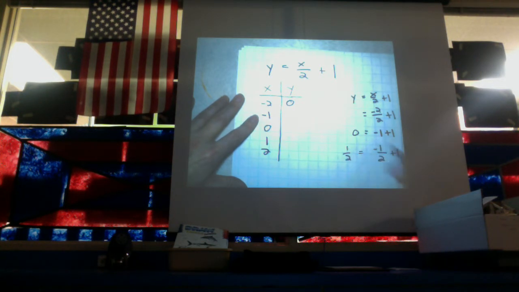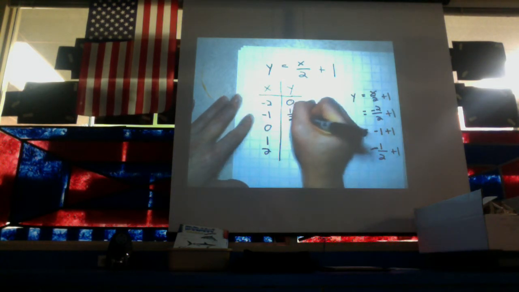Remember, I've got two different numbers, one negative and one positive, so I subtract 1 minus 1/2. Once I take 1/2 away from 1, I have 1/2 left. Which was the bigger number, 1 or 1/2? 1 is bigger, so my answer is positive. I hope I didn't lose you on that one.